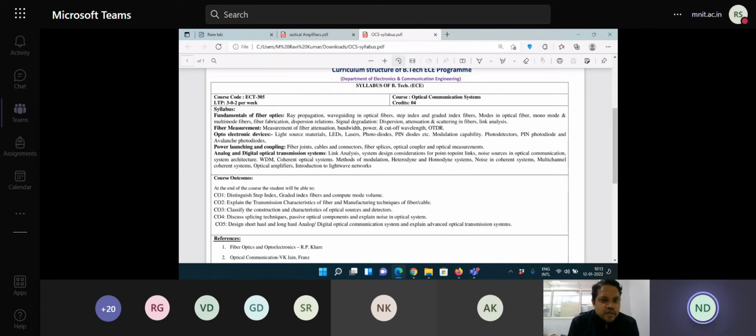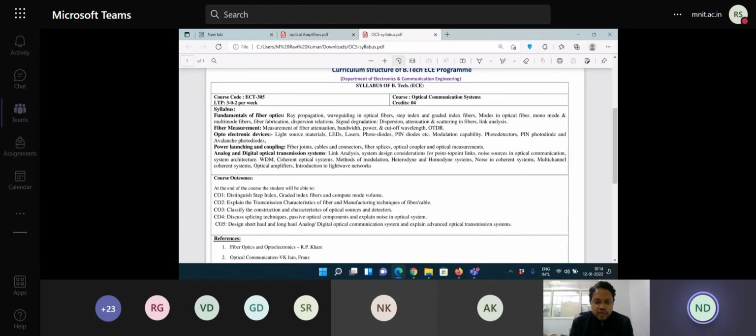I'll just take a look at what all we can cover under system architecture. And WDM is something which I think I've not covered. I might have mentioned it, but yeah, we'll be going through WDM, coherent optical systems.